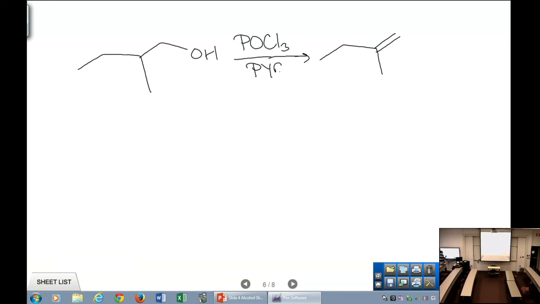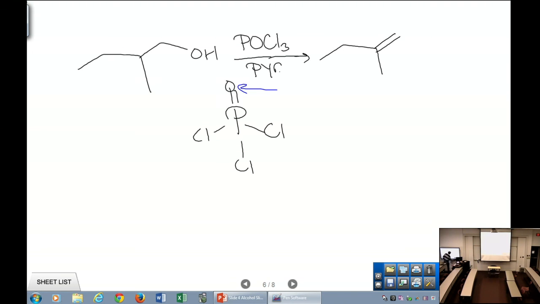So the mechanism here is just like the mechanisms we saw for bromination with phosphorus tribromide or chlorination with thionyl chloride. So first step, what does phosphorus oxychloride look like? It looks a lot like phosphorus tribromide, except it has this additional oxygen group on it. This oxygen group right here makes the phosphorus very electron poor.